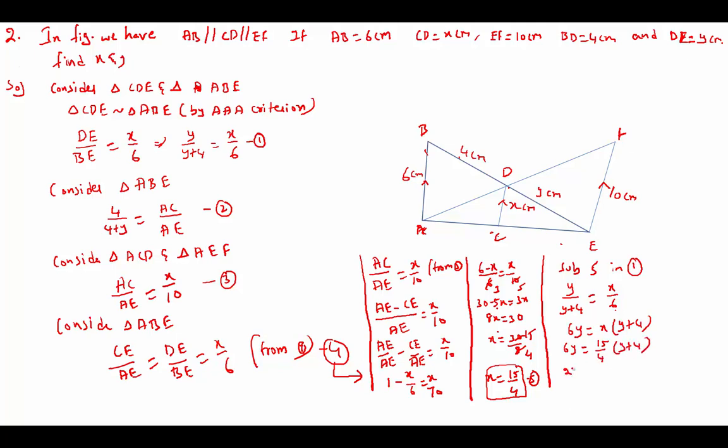Cross multiplication, 24y equals to 15y plus 60. Bring 15y this side, you will get 24y minus 15y equals to 60. 9y equals to 60. Then y equals to 60 by 9. 3 20s, 3 3s. Therefore y equals to 20 by 3 centimeters. Finished.